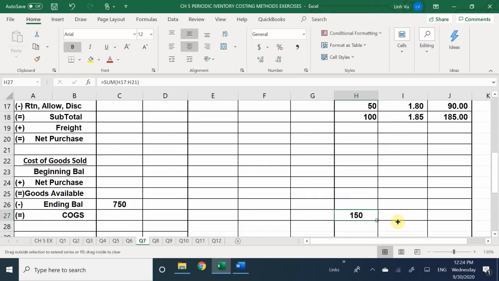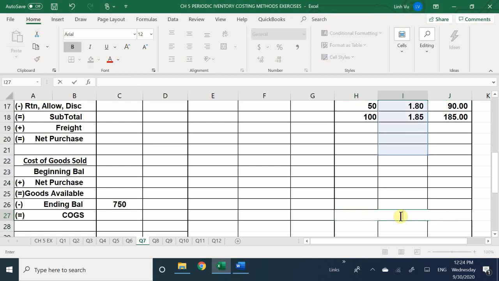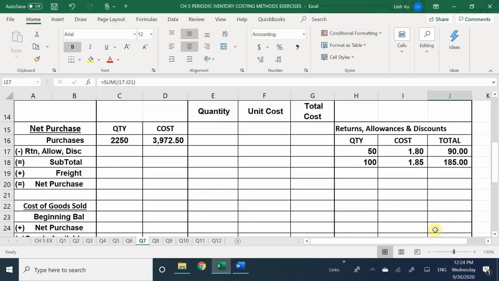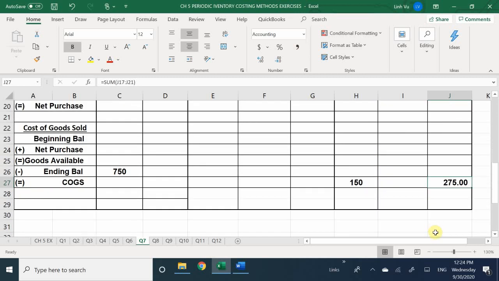So I have 150 items, and my total amount is going to be $275 even. Okay.